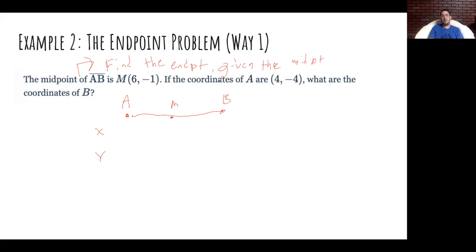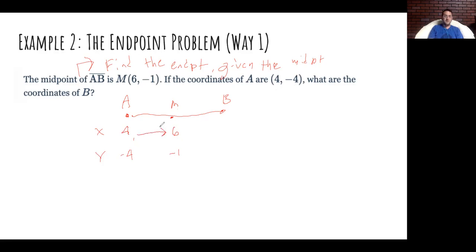And the X coordinate of point A is 4. And the Y coordinate of point A is -4. And then my midpoint has a coordinate of 6 for my x, and then a -1 for my y.